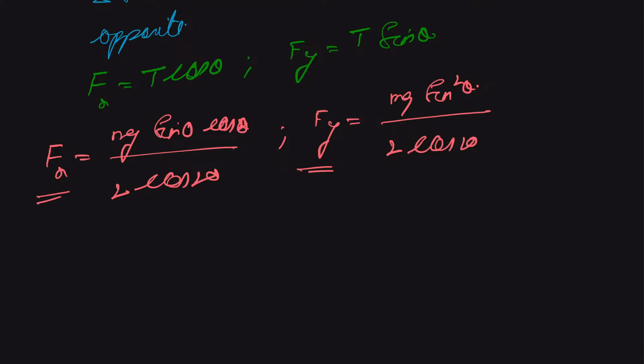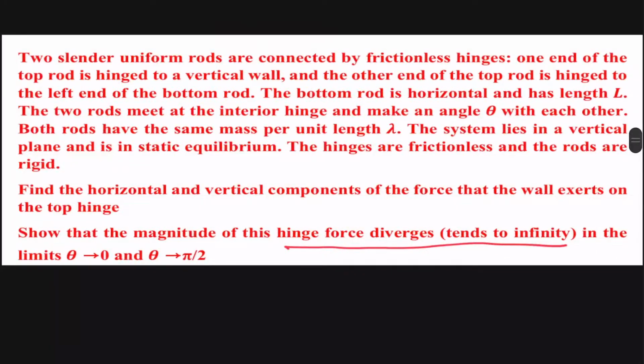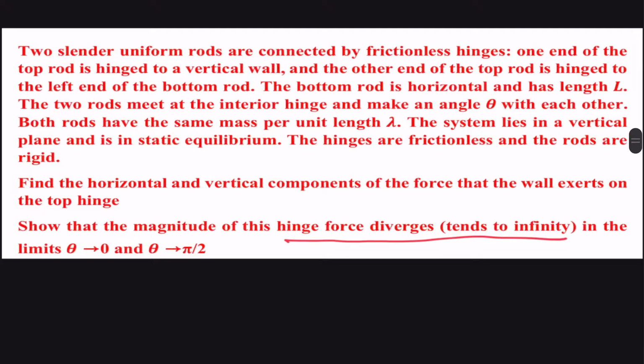We come to the next question. And the next question states that two slender uniform rods are connected by frictionless hinges. One end of the top rod is hinged to the vertical wall and the other end of the top rod is hinged to the left of the bottom rod.